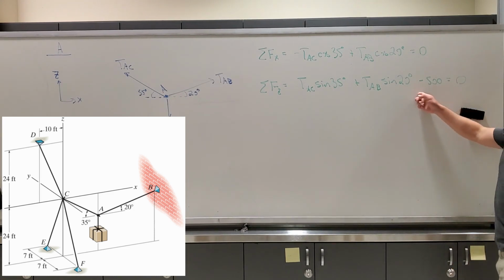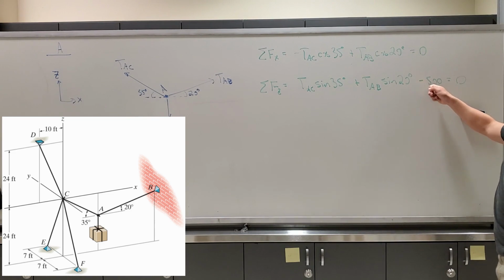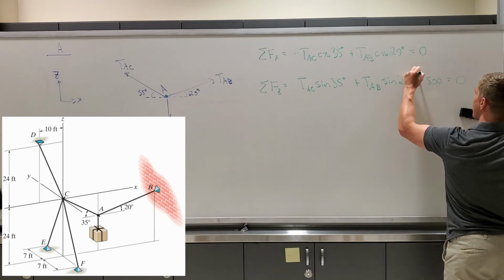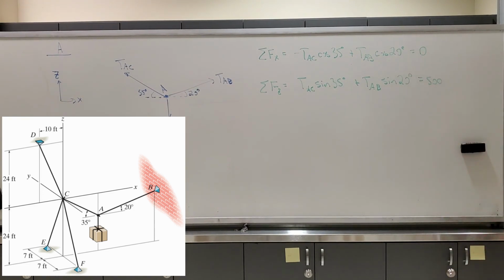Okay, I can rewrite this last equation, since the sum of my forces is equal to 0, by moving this 500 over to the other side of the equation. So I can say that this is going to be equal to 500, and now I have a 2x2 system of equations, so let's go ahead and solve this.